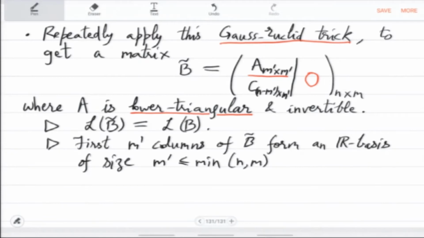Okay, and it spans the lattice, that we already said. So this finishes the proof of the pre-processing step.